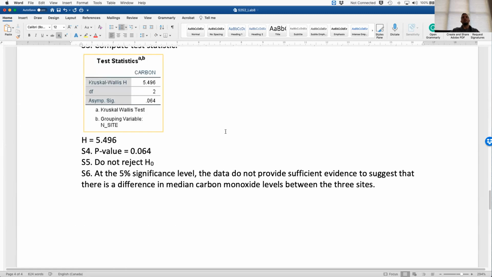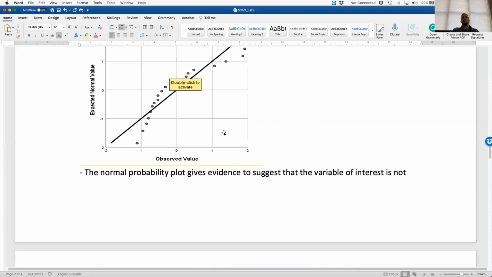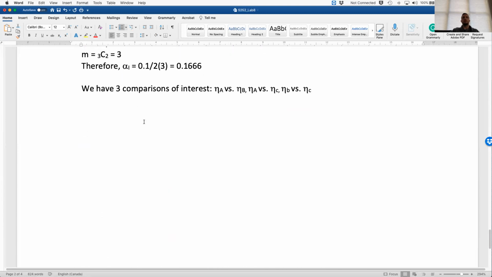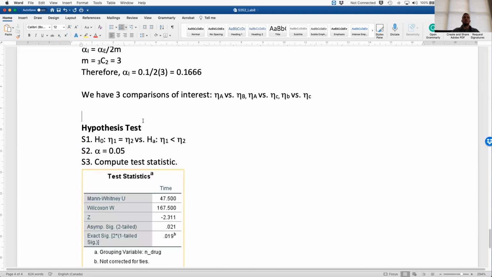Now all we have to do, because we can use the same assumptions that we used for the Kruskal-Wallis test, is take our outline from earlier and modify it a bit. So this can be multiple comparison 1.